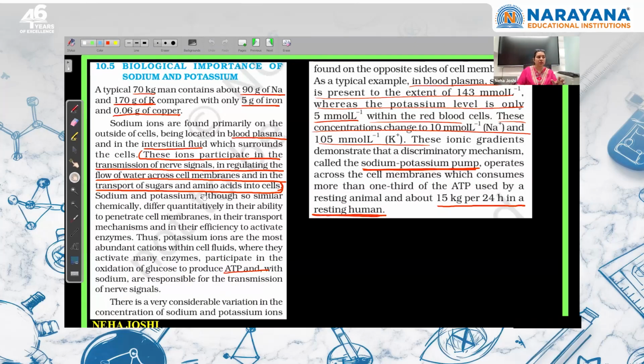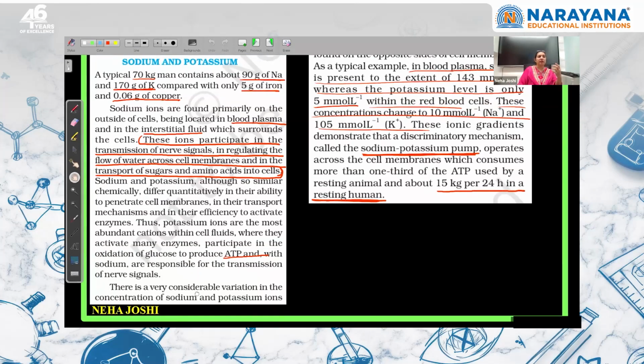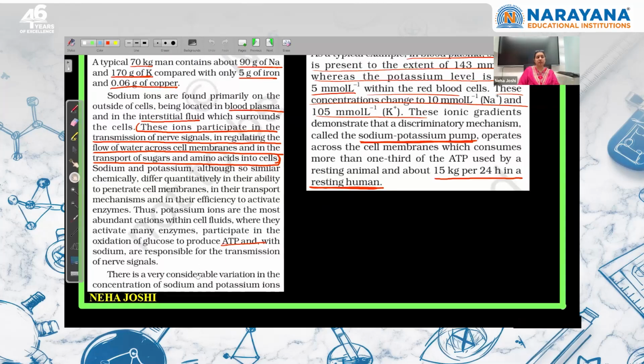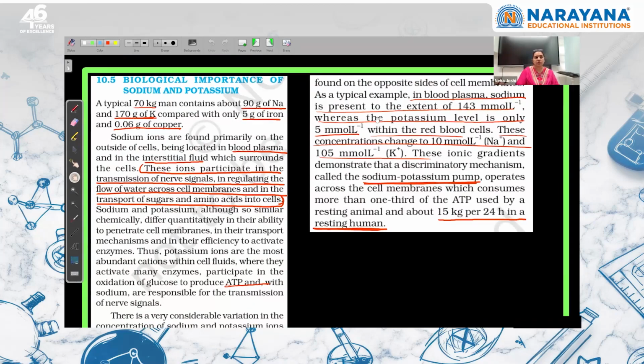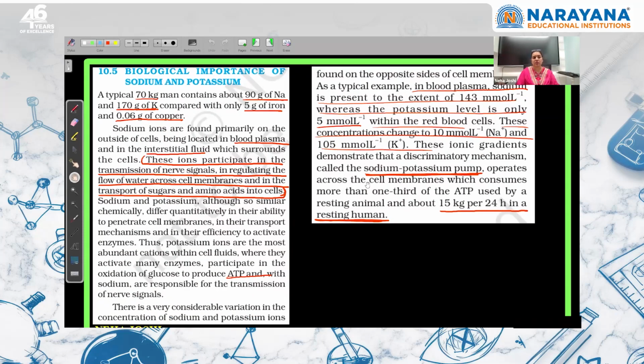Memory loss and such things, sodium has a big role in them. Okay? Both of them ultimately are very important in proper working of our nervous systems or nerve signals. Both of them are important. There is a very considerable role for them to play. So these many levels of sodium and potassium should always be maintained in our body.